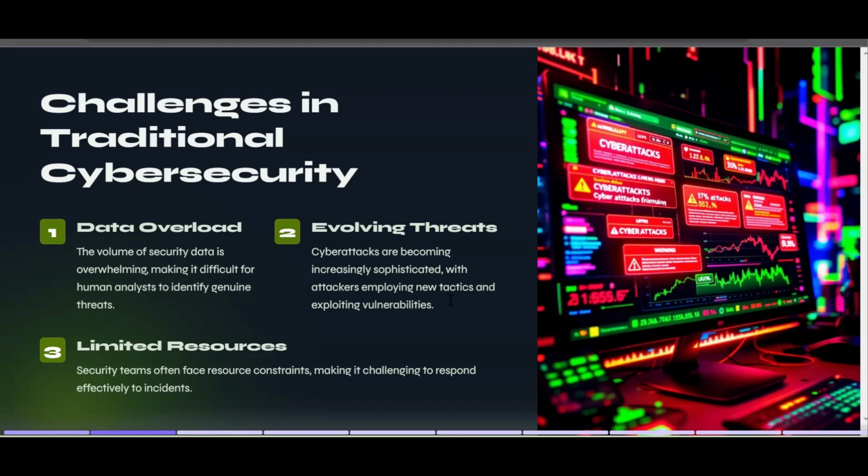What is the second challenge? Evolving threats, right? Cyber attacks are becoming more and more complicated. They're increasingly sophisticated, with attackers employing new tactics and exploiting vulnerabilities.